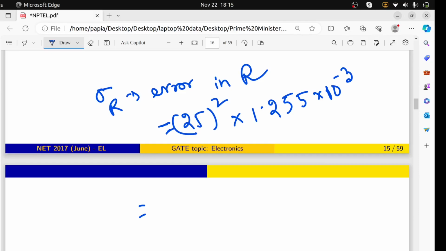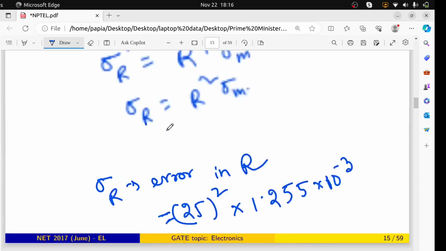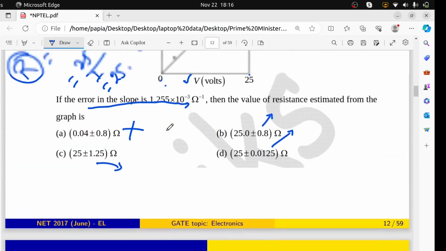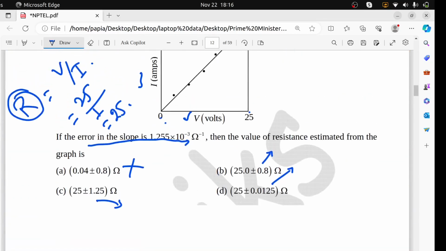So the answer will be 0.7843. I mean, we don't need to calculate that much, but yeah, let me check the answer here. 0.78, right? We got sigma R as 0.78. Now you can see here. Okay, so 0.78 means obviously we can write it like 0.8. Yes. So the correct answer will be B option, because 25 is there and the error is 0.8, plus minus 0.8.